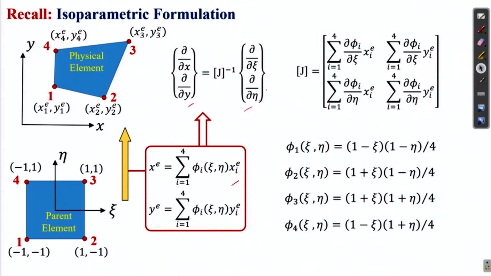So xi eta are the local or natural coordinate system, and this shows how these are related to the derivative with respect to the xy coordinate system. And this is the Jacobian, and the Jacobian is obtained like this, and these are the shape functions in the xi eta coordinate system.